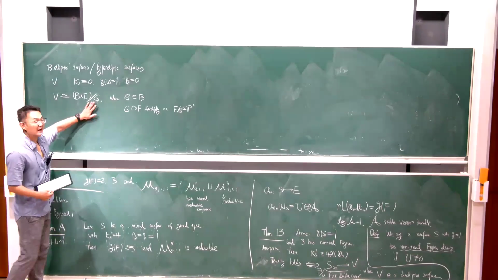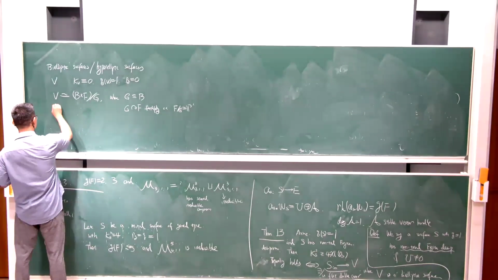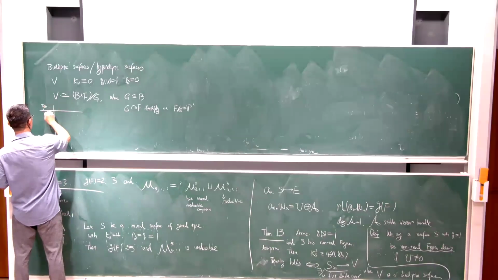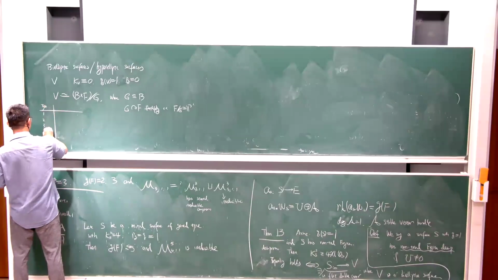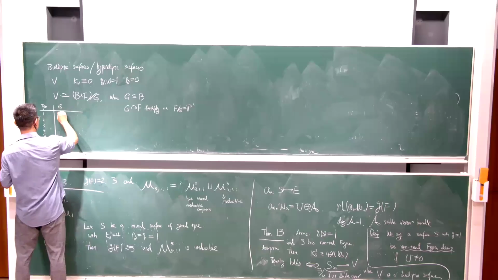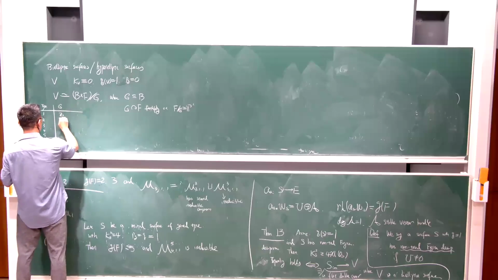There are 7 types. We can write down the deformation type, or the moduli space type: 1, 2, 3, 4, 5, 6, 7. There are 7 types. In the type 1 case, G is Z2. Then the type 2 case is Z2 times Z2.